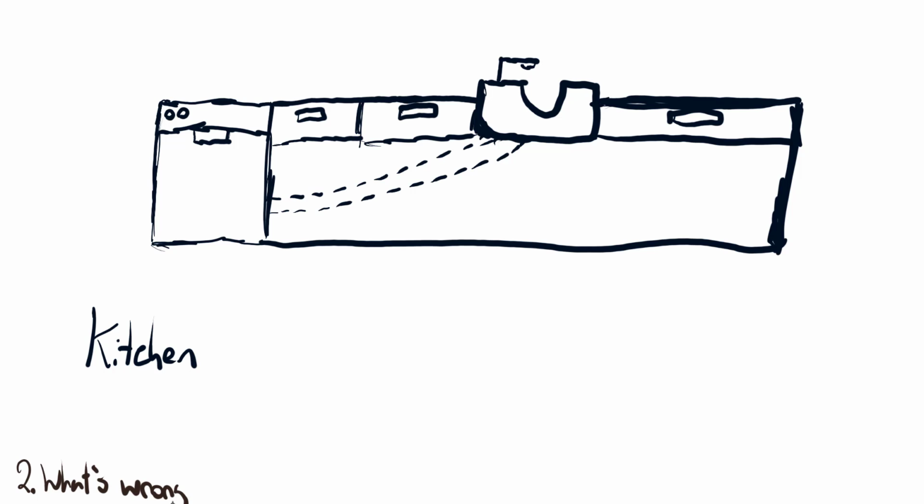As an example, I want to preface this by explaining that I am not a plumber. I have no understanding of plumbing, and this very well could not be how a kitchen is actually set up, just to clarify. But let's imagine that your dishwasher and your sink, that's a little faucet, you see that right there, are connected.